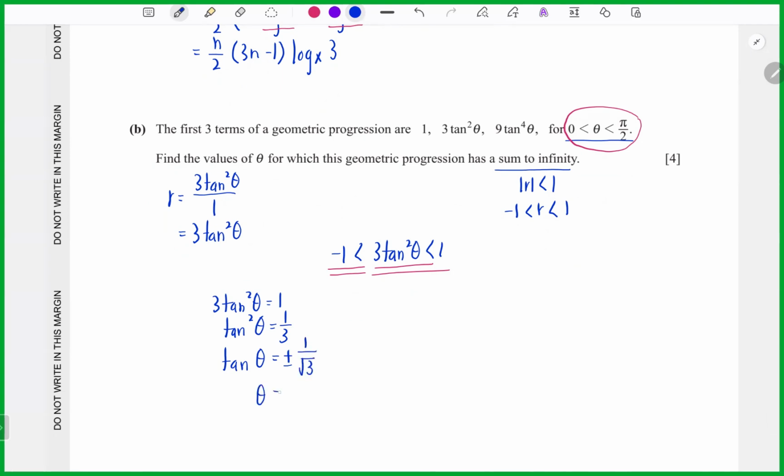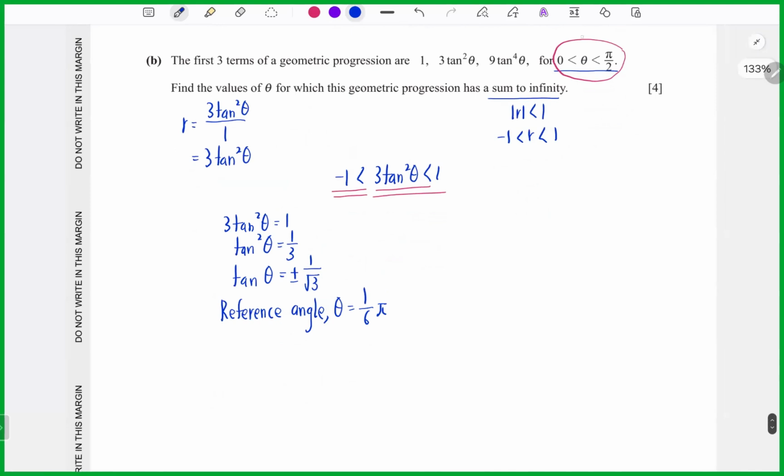Okay, theta equals, now we try to find the reference angle. Inverse tan of 1 over square root 3, you will get 1 over 6 pi, right?